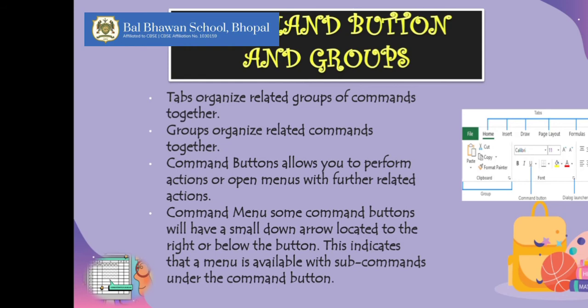Now, command buttons allow you to perform actions or open menus with further related actions. Command menu. Some command buttons will have a small drop-down arrow located to the right or below that button. This indicates that a menu is available with sub-commands under the command button.